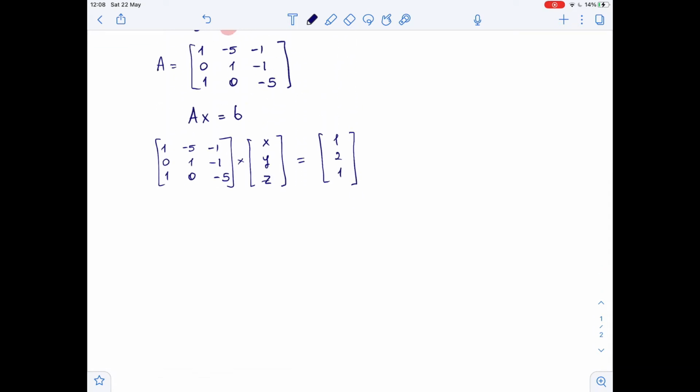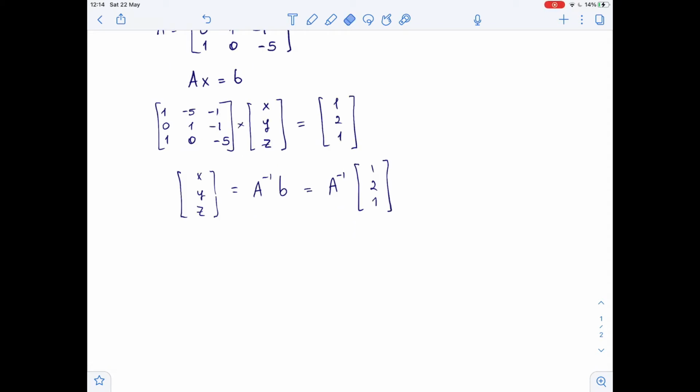So we know that our matrix x, y, z is actually equal to A inverse times the 1, 2, 1 matrix.